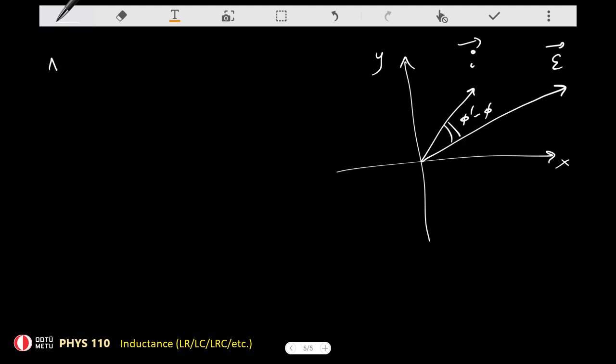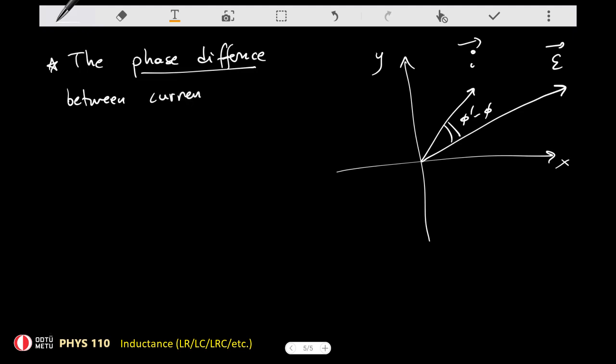So we say that the phase difference between current and EMF is phi prime minus phi. We say that this is the phase difference between them.